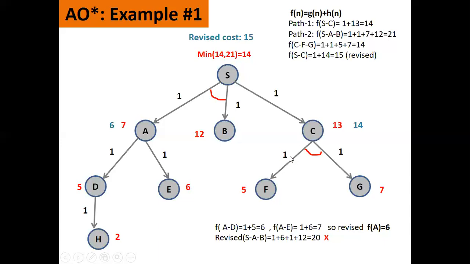It will be 1 plus 1 plus 5 plus 7, which comes to 14. So the cost function of C, which was 13, is now recalculated as 14. Whatever we are revising, we are putting in blue color font. This was estimated and this is now the revised cost of node C.